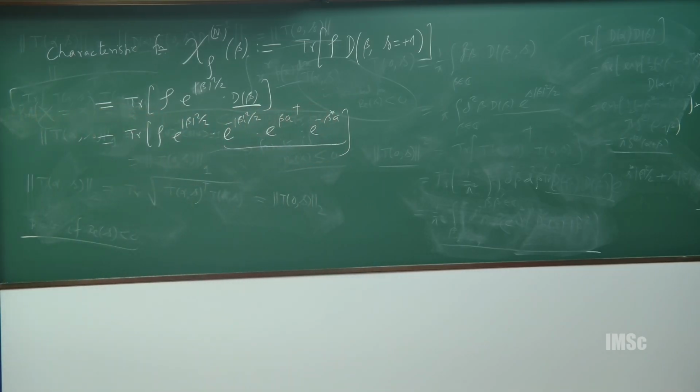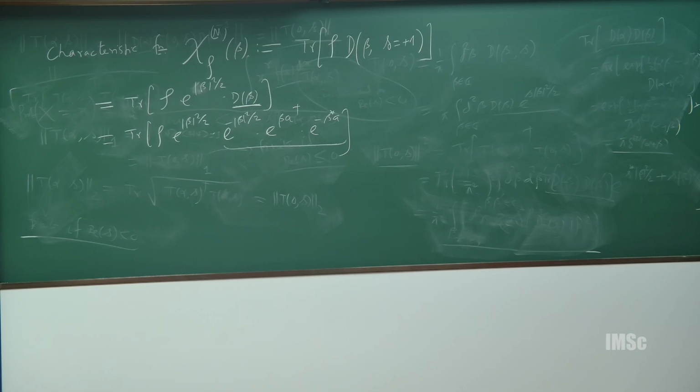This is what we discussed at the beginning, that if you have two operators a and b such that their commutator commutes with both of them, then you can write e to the power a plus b as e to the power minus half commutator, e to the power a, e to the power b. This is the Baker-Campbell formula.